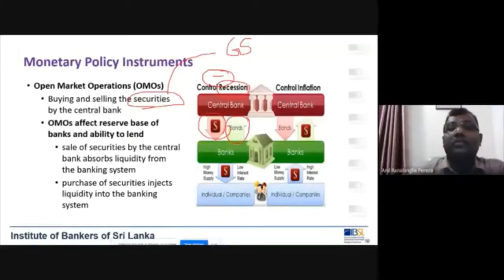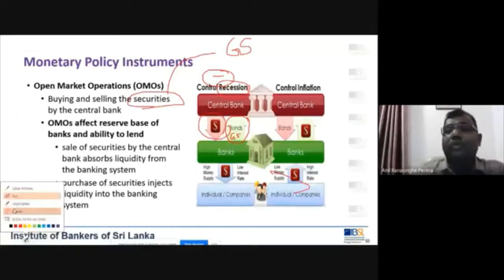I already told you, government securities in exchange. The central bank doesn't give money for free or without any security. The central bank is giving money to the economy with collateral or a security from the banks. So then this money goes to the banking system. Whatever the central bank injects through its monetary operations will go to the banking system.